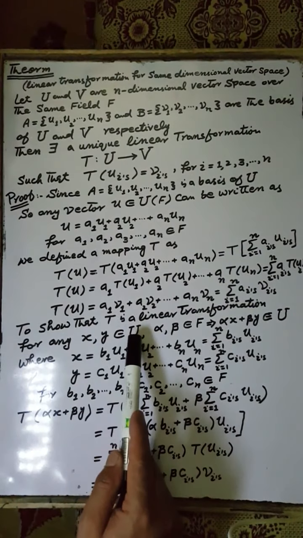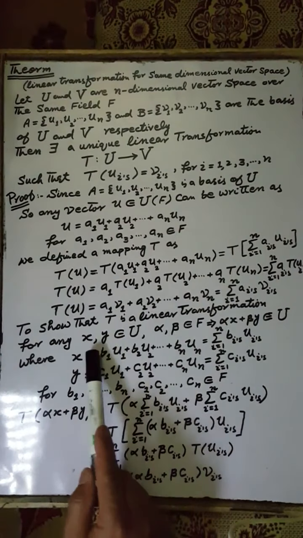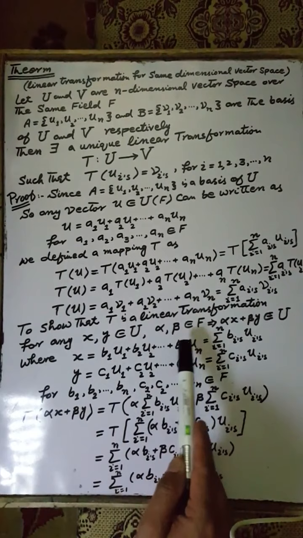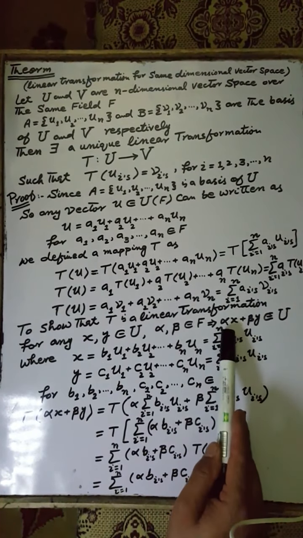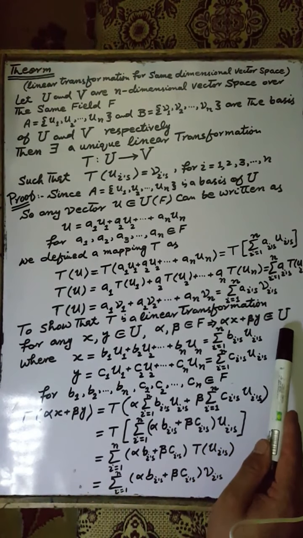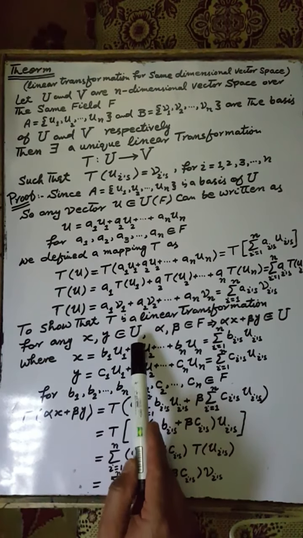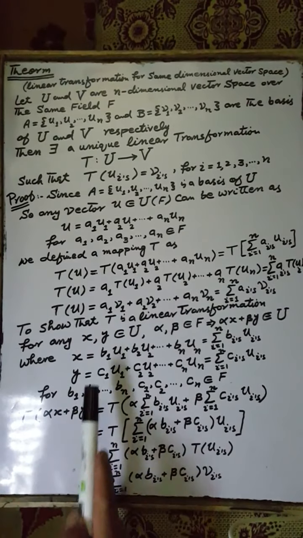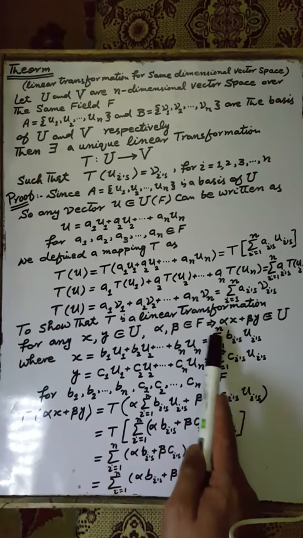To show that T is a linear transformation, take any two elements x, y in the vector space U, and alpha, beta elements of the field. Then the linear combination alpha x + beta y is an element of the vector space U over the field F. The element x can be written as a linear combination of its basis vectors, b1u1 + b2u2 + ... + bnun, that is the summation of bi ui, i = 1 up to n.